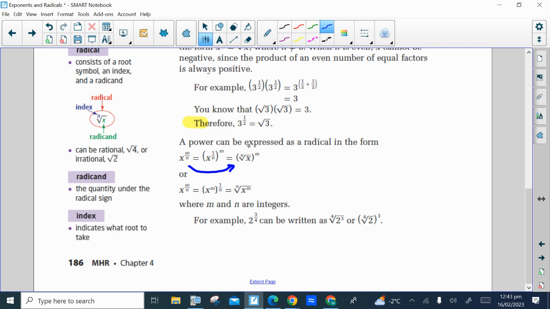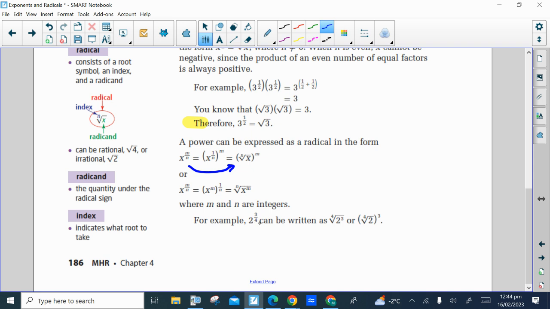And whether you have brackets around it or not doesn't change it. All this means is you can take the n root first and then raise that to the power m after, or you can go x to the m first and then do the n root after. It doesn't matter. Normally we do the root first to make the number smaller instead of bigger, but they will both work. So the number 2 to the 3/4 could be written as the fourth root of 2 cubed.